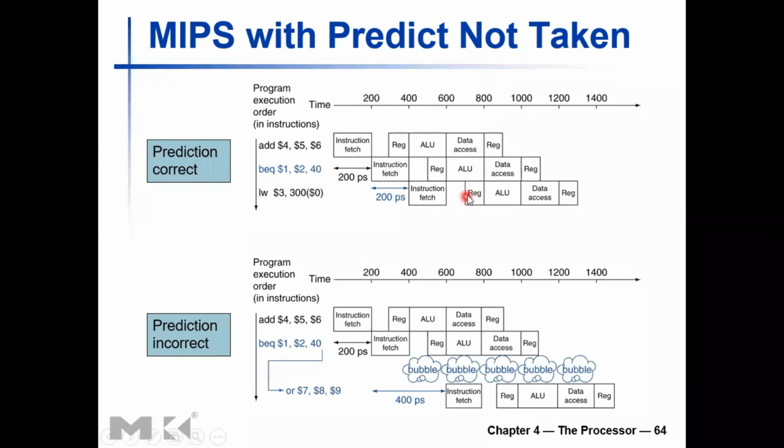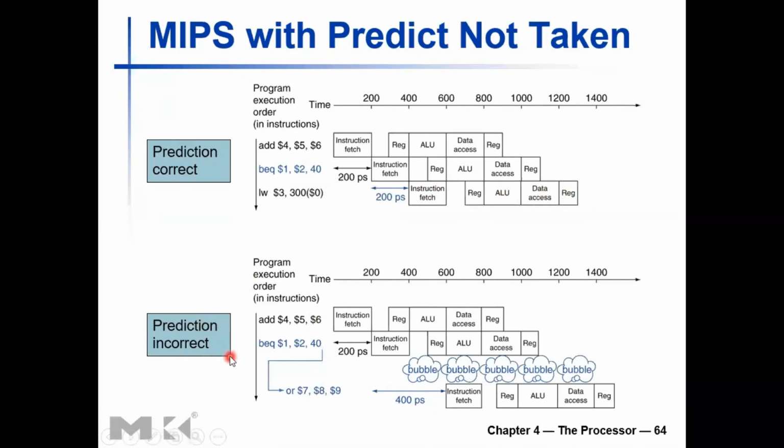We are only reading, but we can simply have the control logic discard all these values and not let it go into the register writing stage. So having the prediction wrong will not give us a penalty, but having the prediction correct will give us an advantage of saving that one clock cycle.